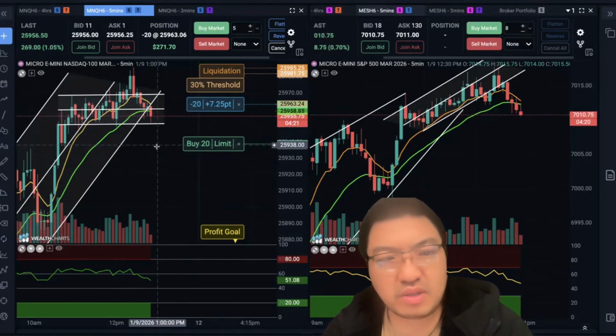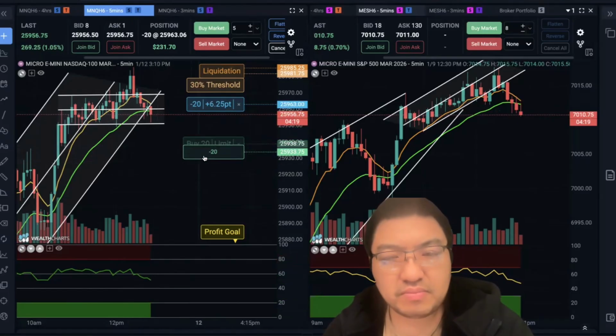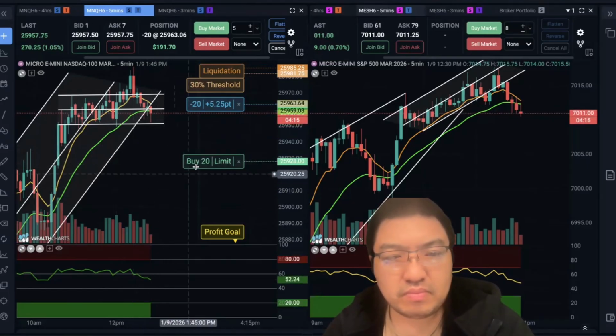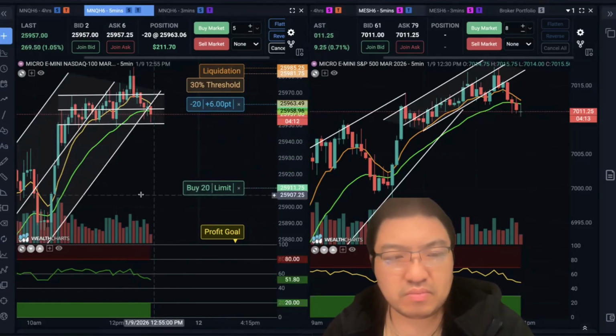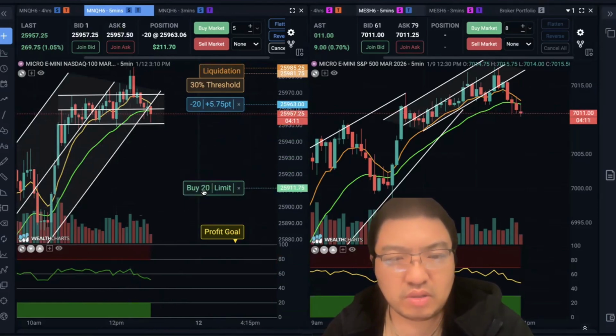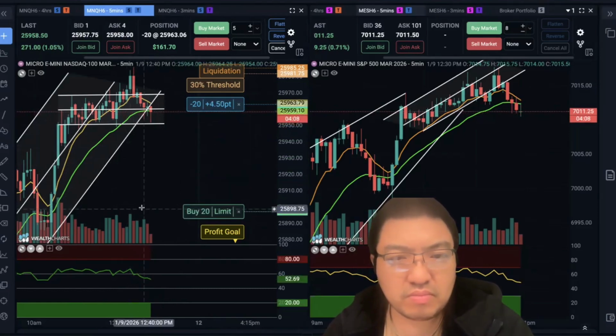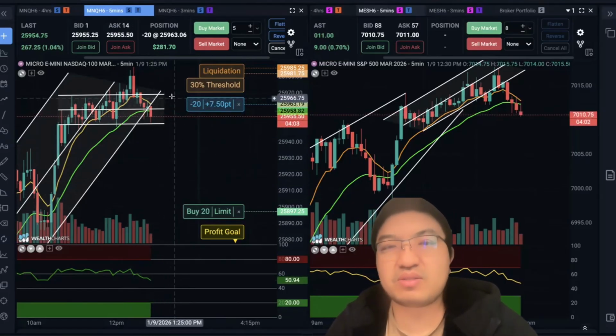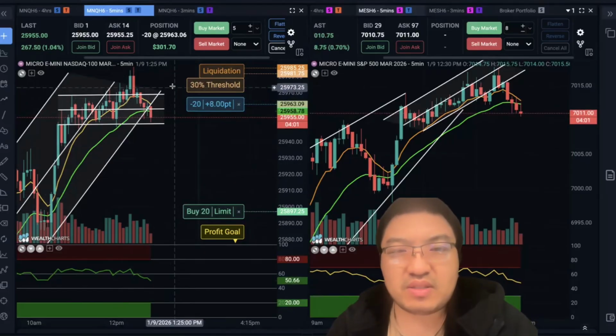Yes, keep going down. I mean, this is an order block. I don't want to set a stop loss, just let it get triggered. But if I set it here, that's okay.